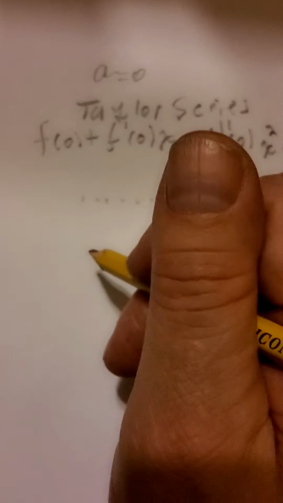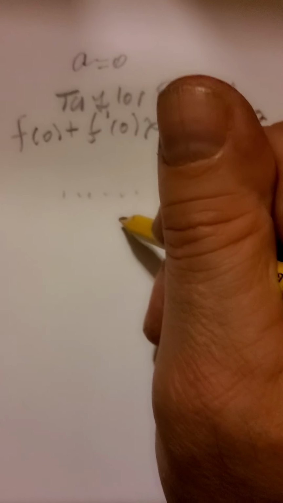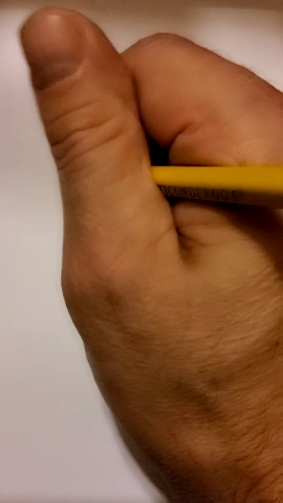This is the Taylor series, and it is how trigonometric functions are calculated on your calculator, on your computer, everything. All this is going to equal your new f of x.